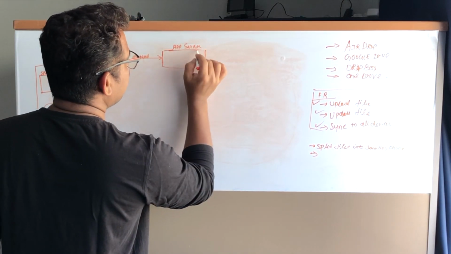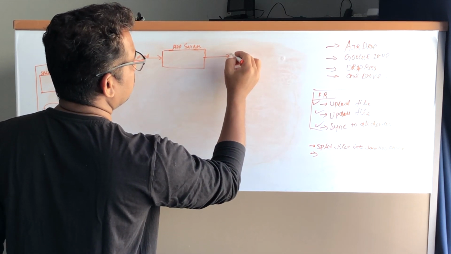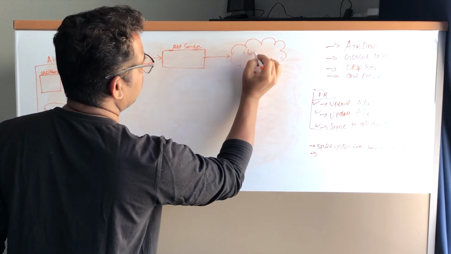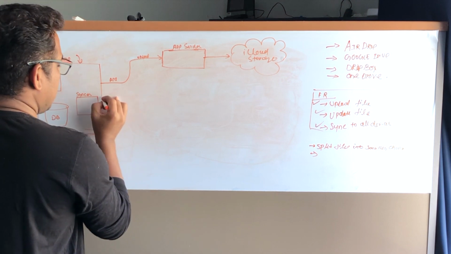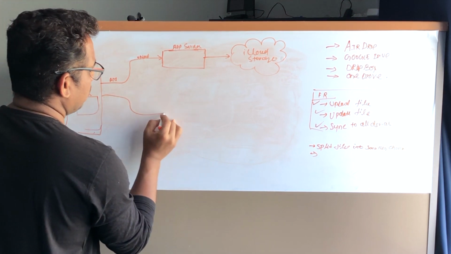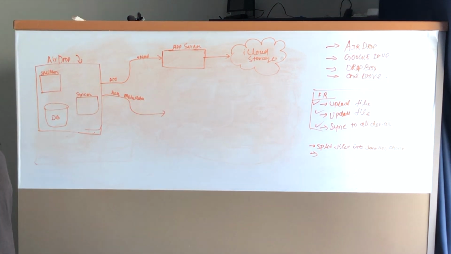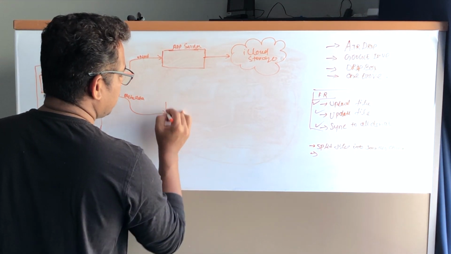This app server is responsible for just storing the file into the iCloud storage. Now there is another system and another request going to a different route related to the metadata.